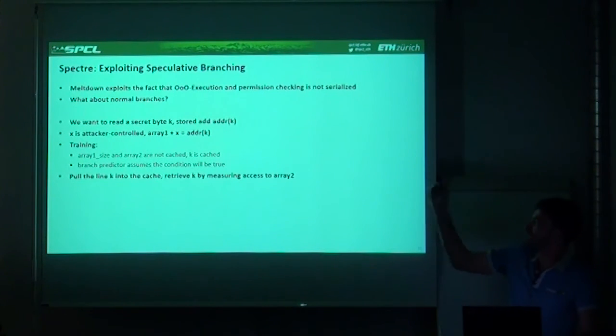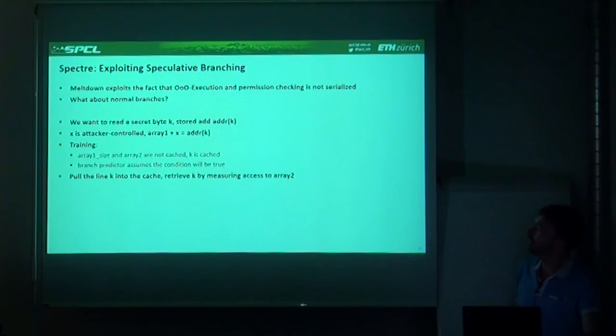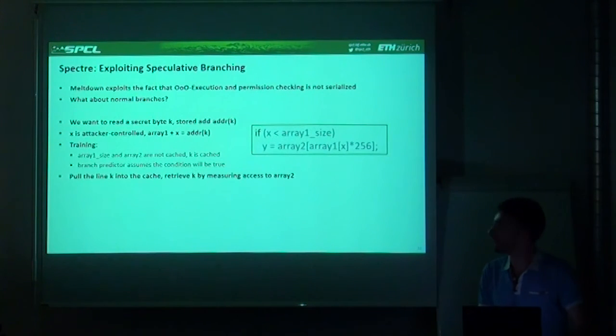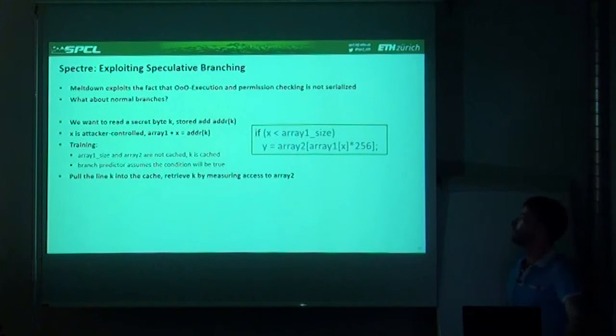How we do this: we want to read a secret byte k stored at address of k. x is an attacker-controlled signed integer value, and what we want is that some address of array1 plus x equals address of k, because we found some code like this in the code.